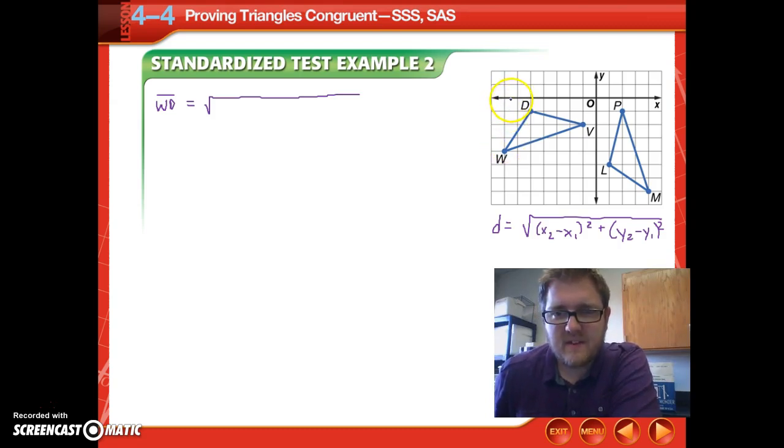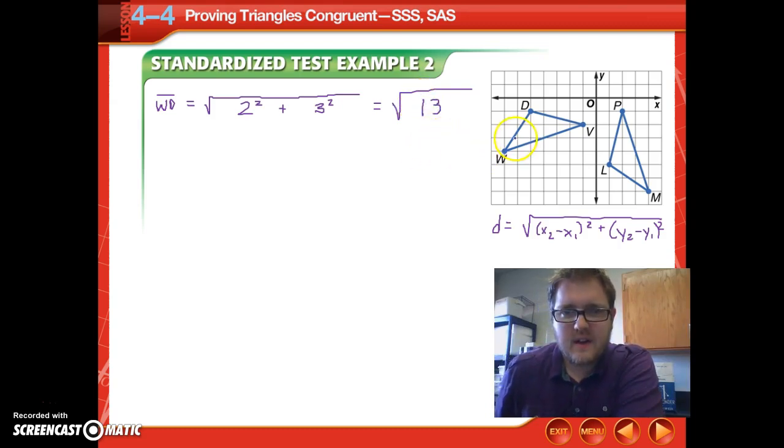Instead of getting into the distance formula, let's just look at the actual distance between the x values. You can see that they're 2 apart. So let's just put 2 in and see that the y values of D and W are 3 apart. Square that. We get 2 squared plus 3 squared, which is 4 plus 9, or 13. So WD has a length of the square root of 13.